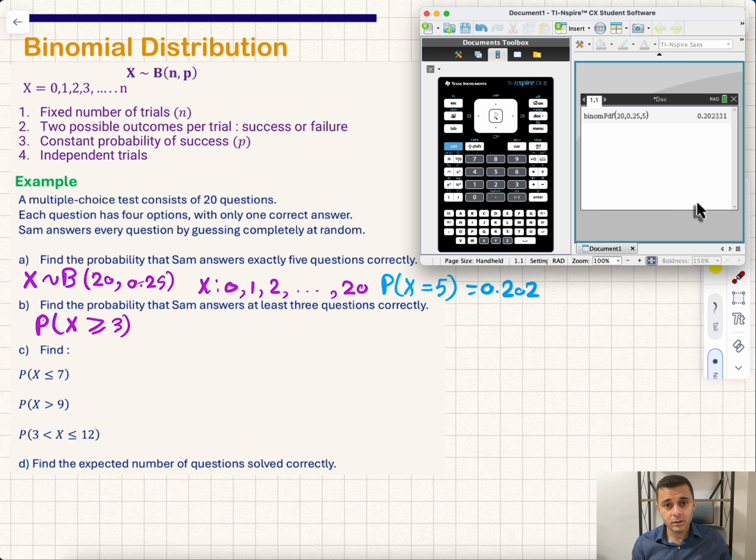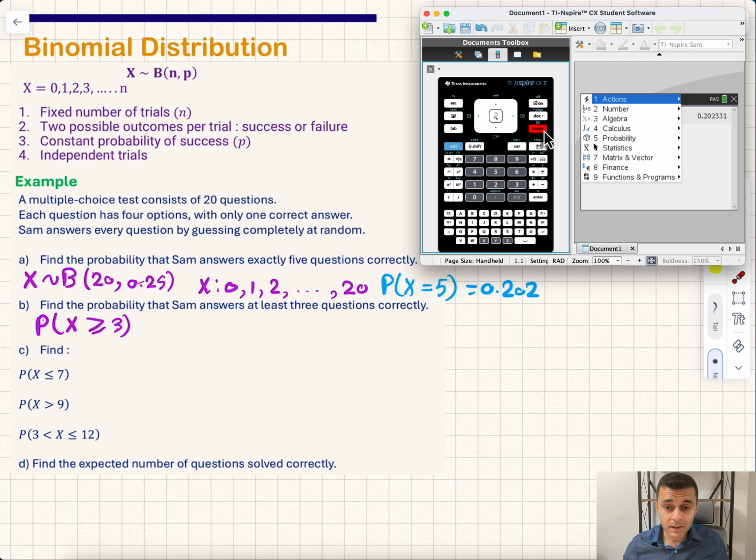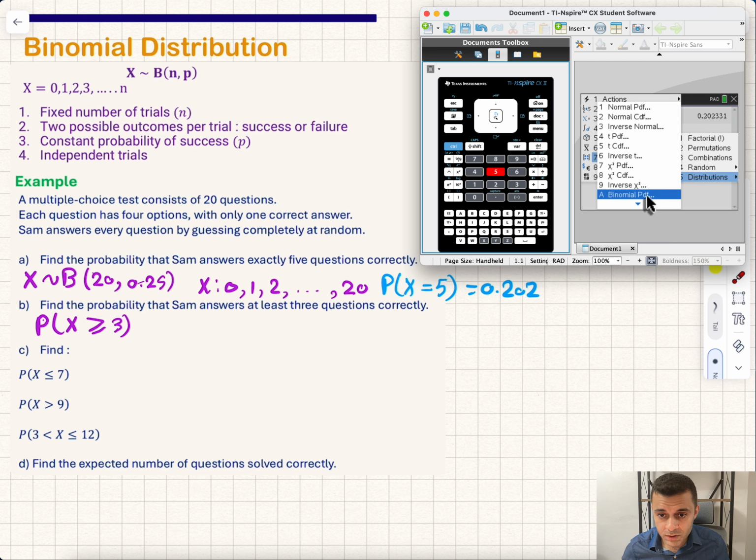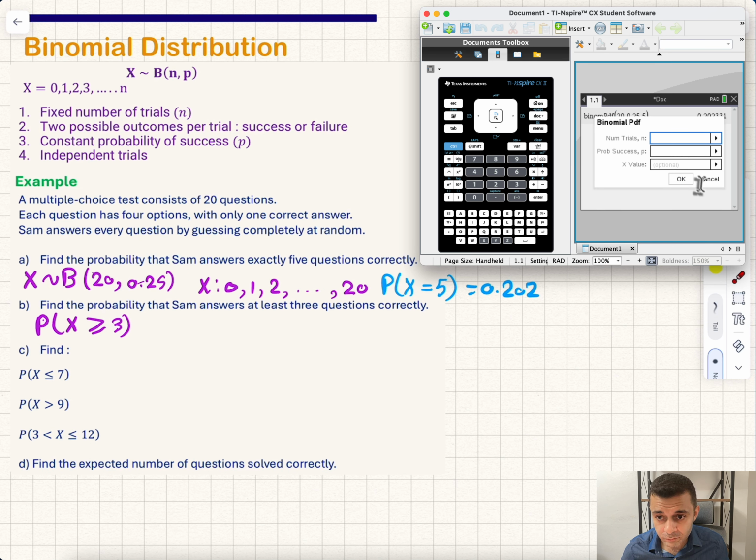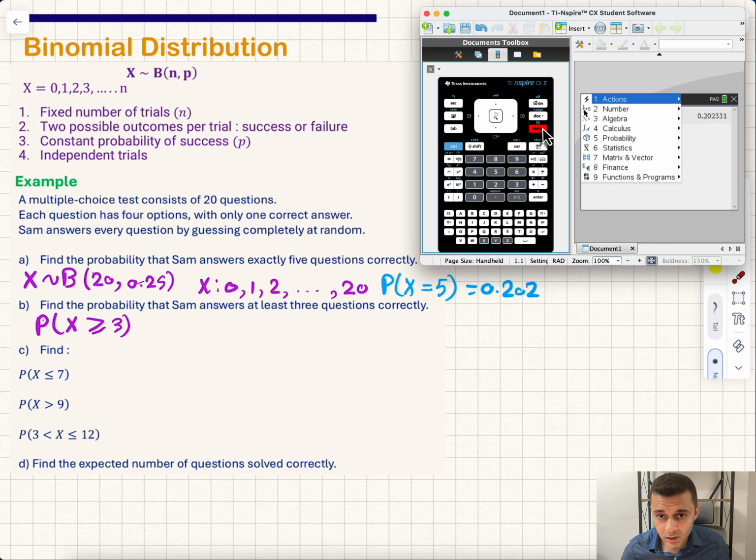So it could be 3 or 4 or 5, all the way up to 20, because we have 20 questions maximum. So when we have inequalities, we use binomial CDF, which stands for cumulative distribution function. So here we scroll down, as you see, binomial CDF. You choose PDF again.